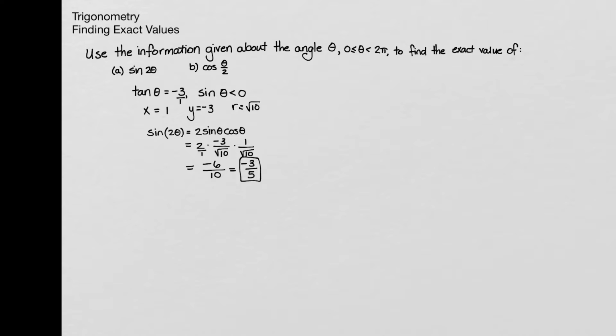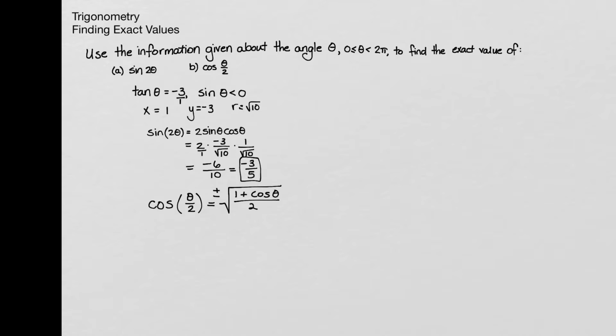Now I'll find the cosine of theta over 2. And since we're working with the same angle, I'm pretty much set. So what I'm going to do is write down my formula for cosine of theta over 2. And so this would be plus or minus the square root of 1 plus cosine theta all over 2.